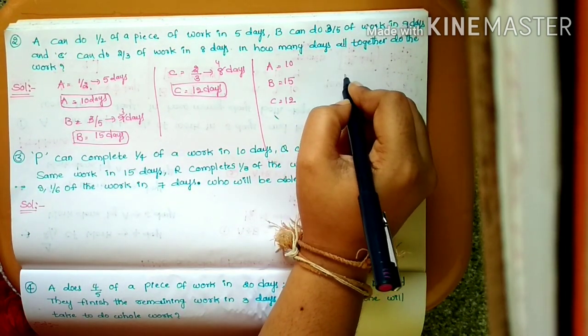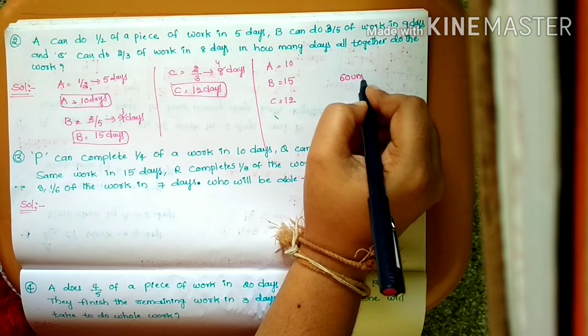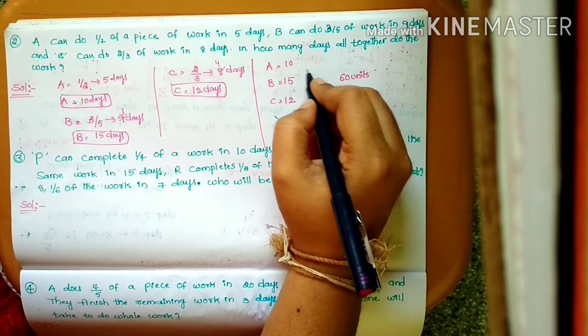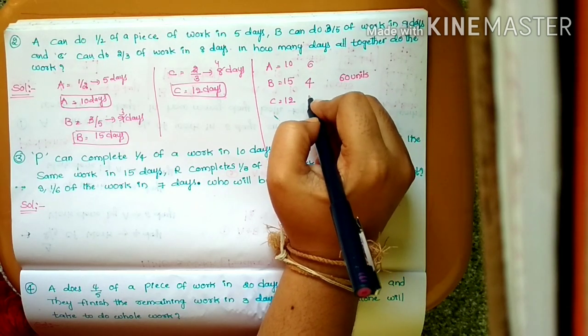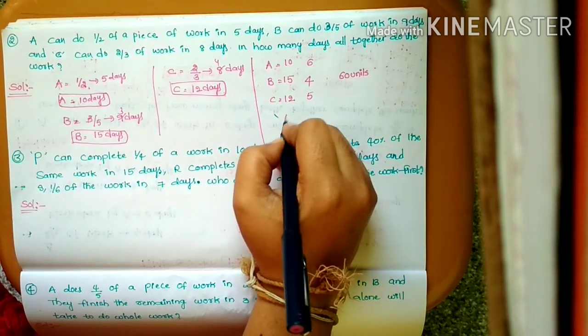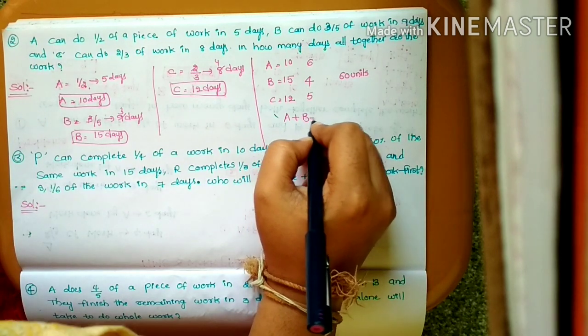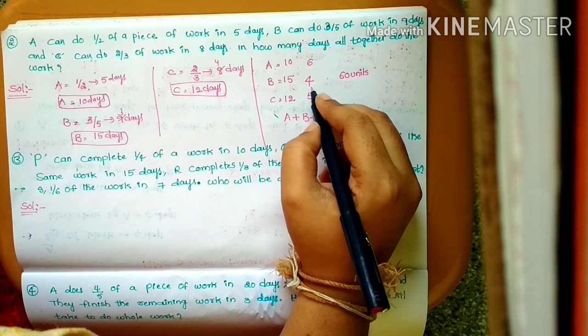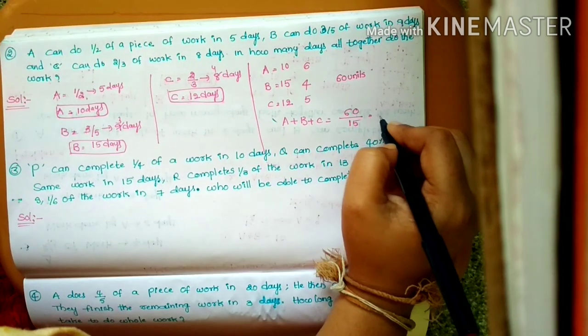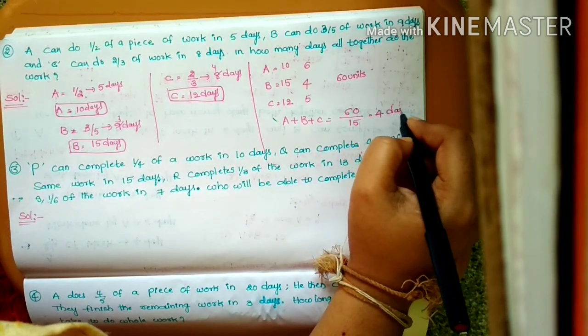LCM is what? 60 units. So A 6 times, B 4 times, C 5 times. So A plus B plus C together is equal to 60 by 15. So together they can complete in 4 days.